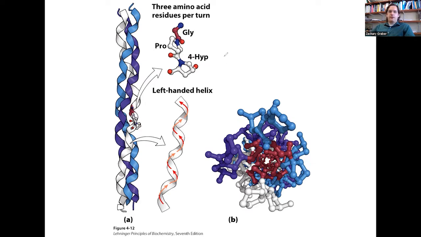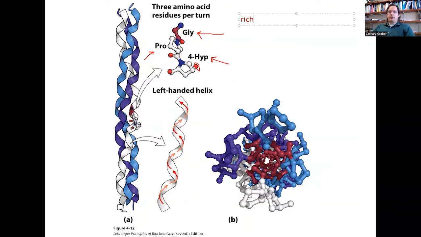So our collagen uses glycine, proline, and hydroxyproline. That's a proline with an extra OH group added on. So you can see that over here with the red of our oxygen. So notice, of course, we have two different amino acids here that we would normally call helix breakers.